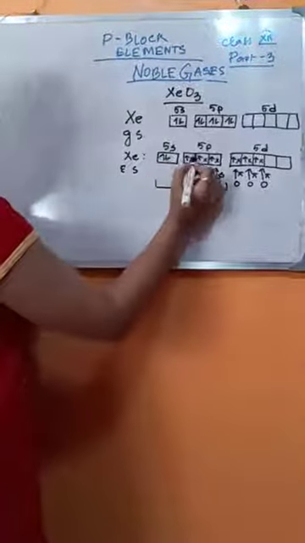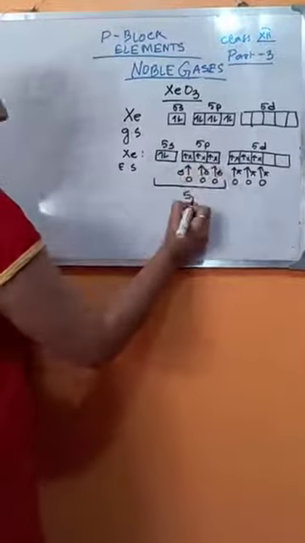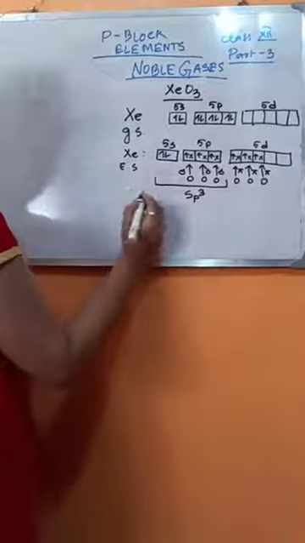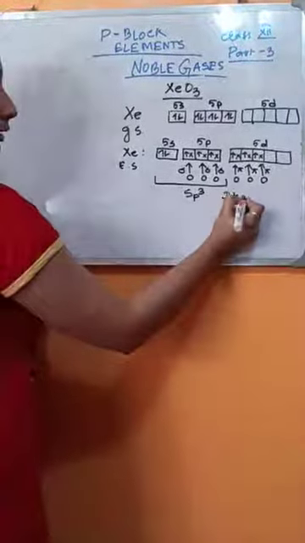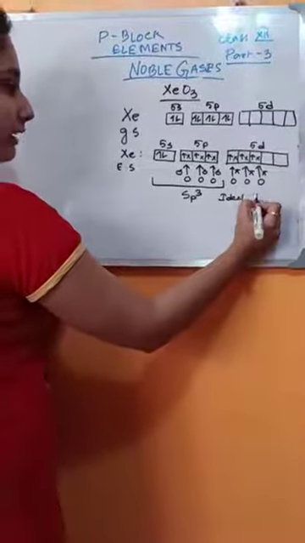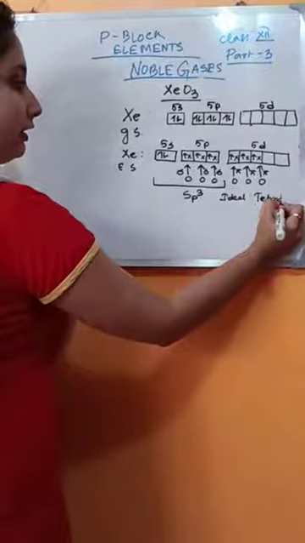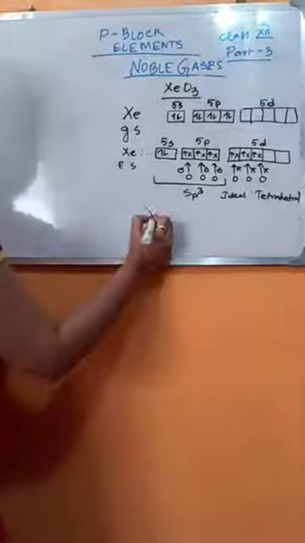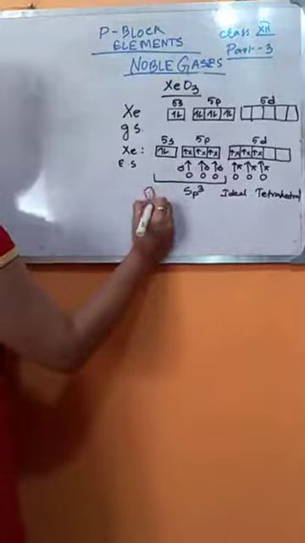So 1s and 3p, sp3 hybridization. The ideal structure will be tetrahedral for sp3. But look at the structure.